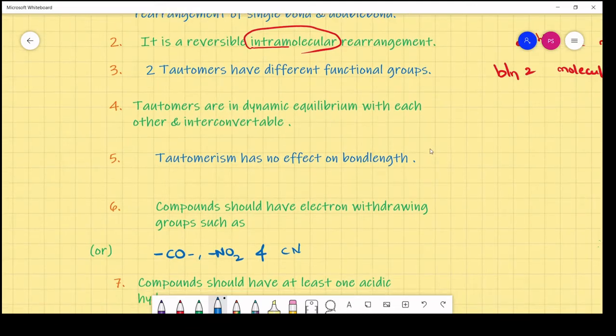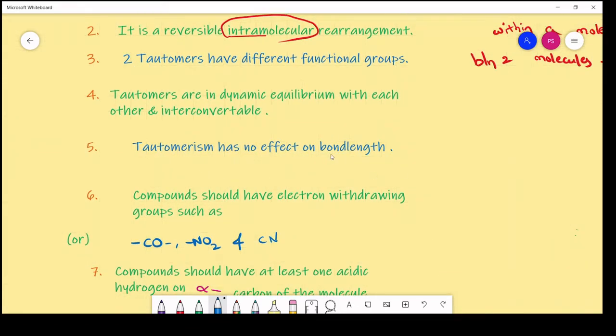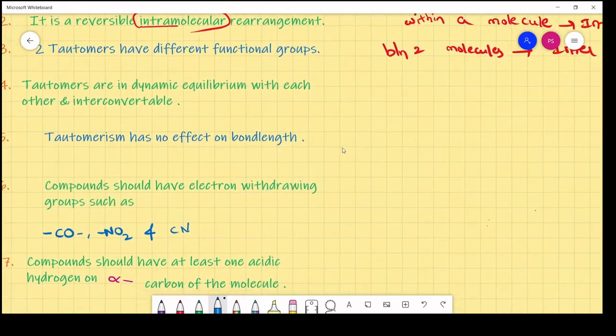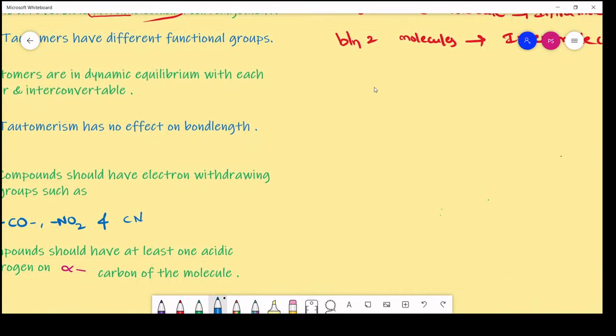The next one is that tautomerism has no effect on bond length. It doesn't show any effect on bond length.